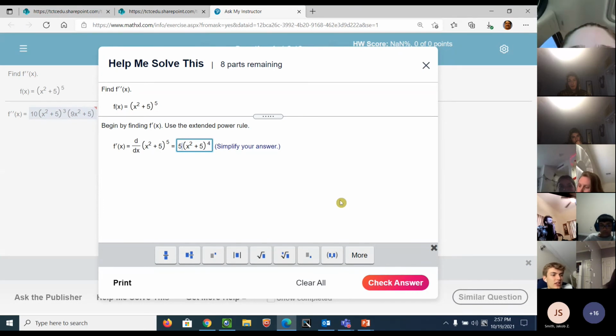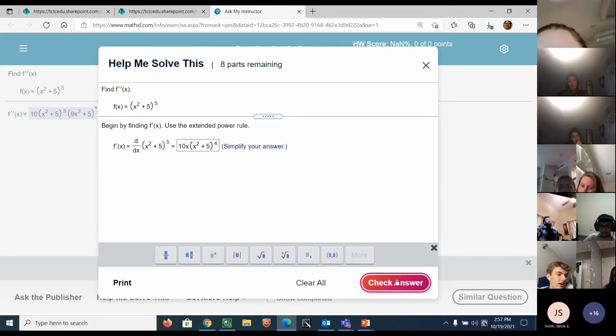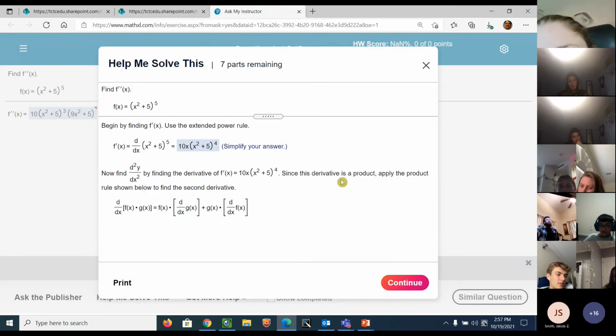So 10x, okay, that should be the first derivative. That's what I did. I'm gonna do it one more time. They said that the first derivative was correct. So that'd be 10x times (x squared plus 5) to the fourth power.